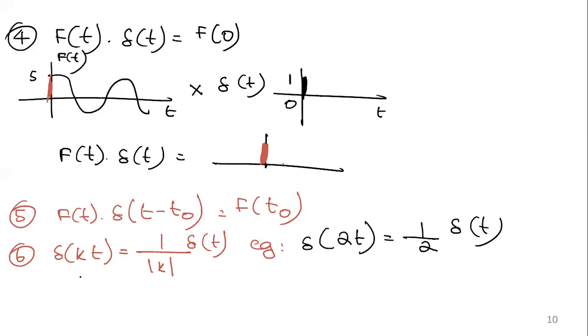And then another point, delta of t is equal to delta of minus t. So on both sides, the positive and negative axis, it will be the same because it is defined already at t equal to 0. So that is equal to 1. That's it.